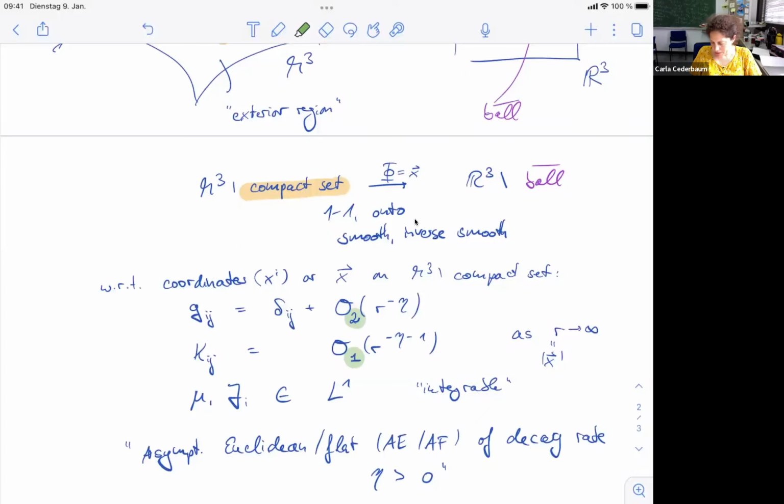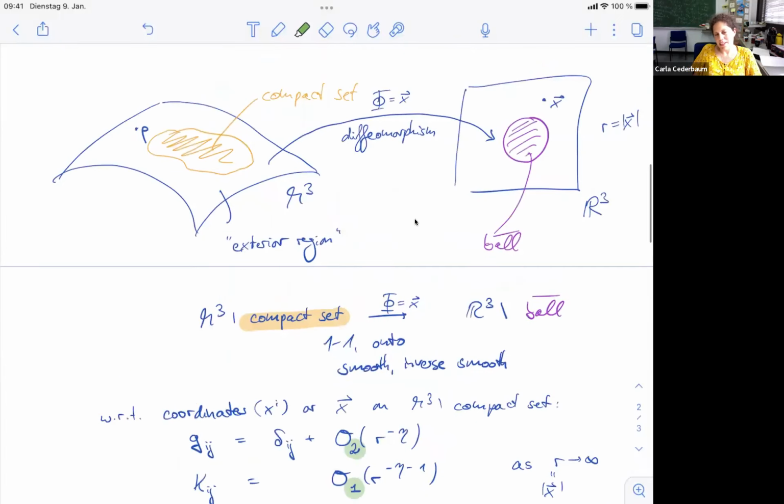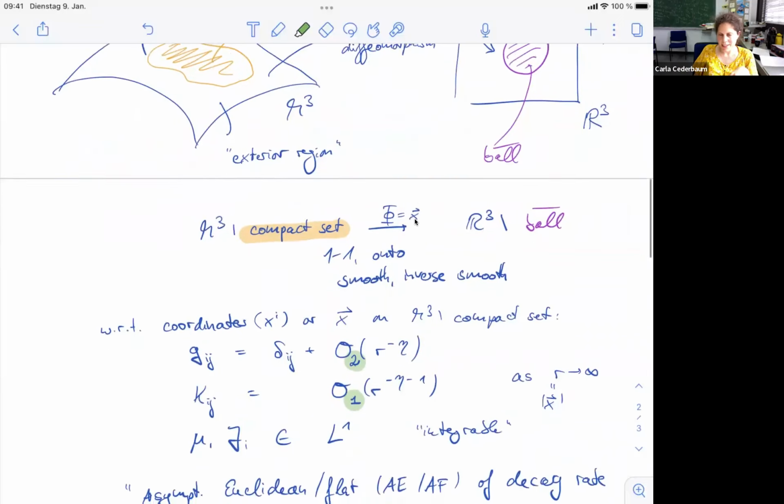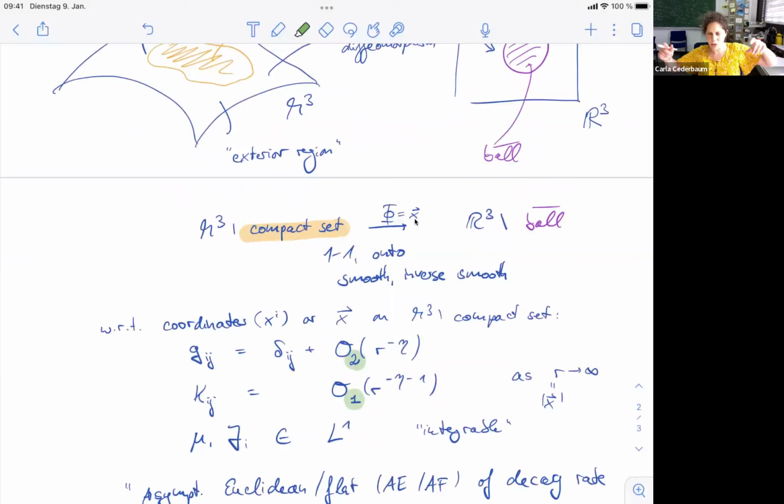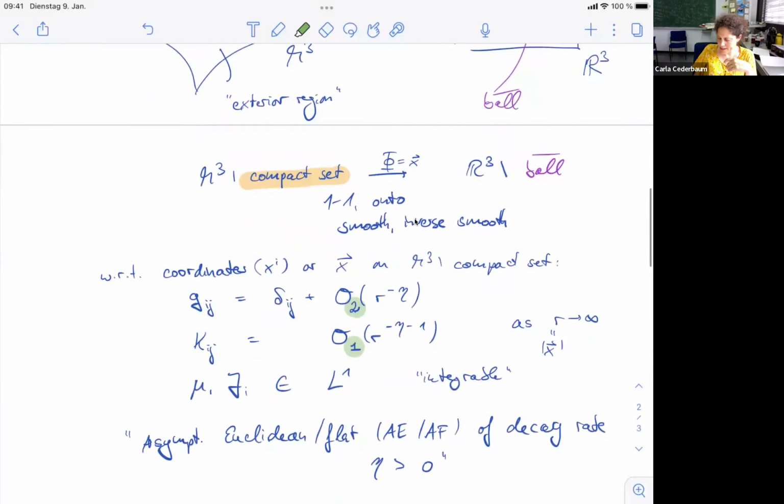Let me say this again. I say that my initial data set is asymptotically Euclidean if there is a compact set such that outside this compact set I have coordinates in which the components of the metric and the second fundamental form decay as written here as I go out to infinity, and the matter quantities are integrable. Then I say it's asymptotically Euclidean of decay rate eta if this holds.